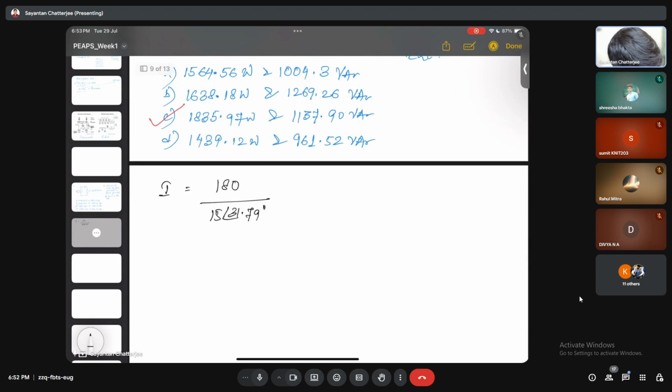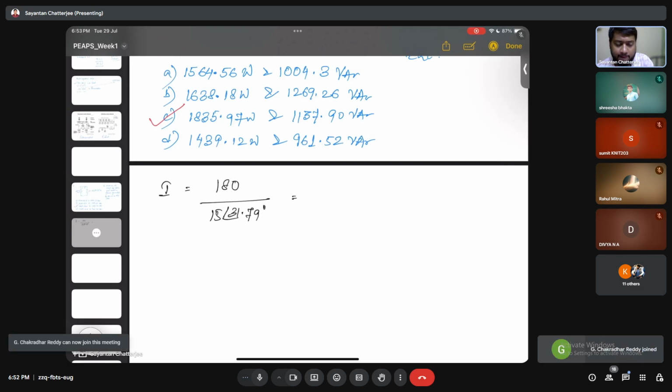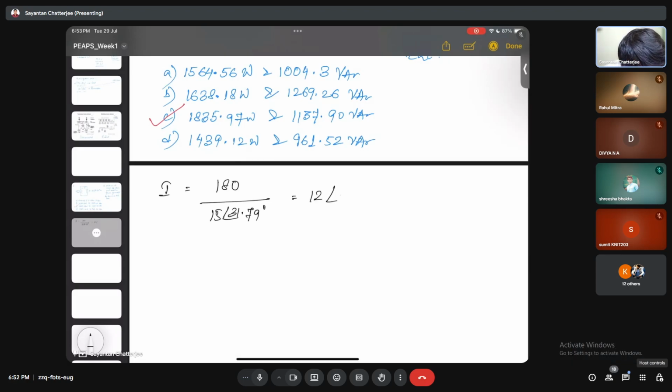This is the current we need to get. Now we just need to calculate P and Q, right? We have the voltage. So what will be the real power?